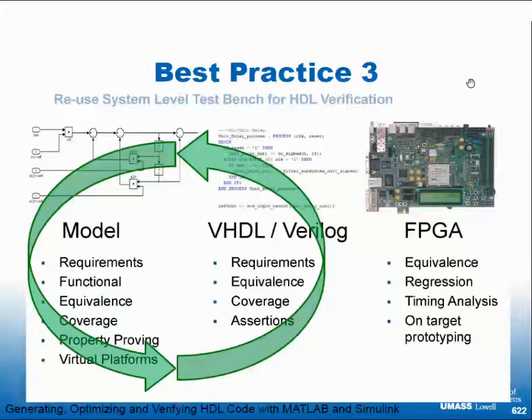So this outer path is much more common when you're verifying a chip that has a processor on it, because it gives the software engineers a platform well before the ASIC comes in. And you can't, might be a strong word, it's extremely difficult to run any amount of software on a processor in simulation.